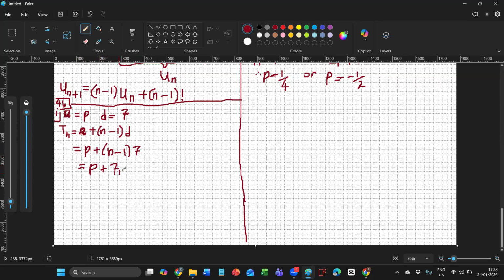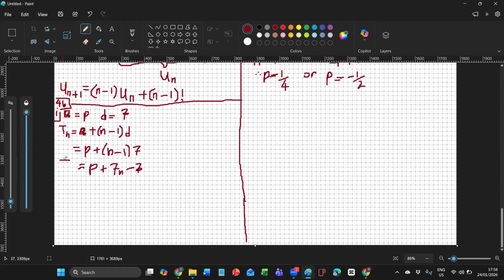It will become 7n minus 7. And if all this is anything to go by, the like terms here are 7 and 7.